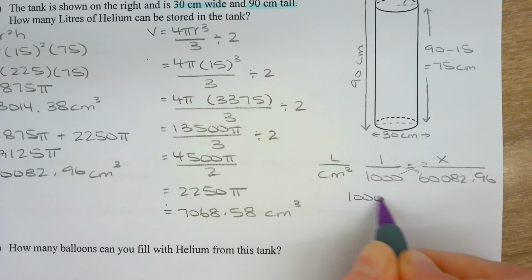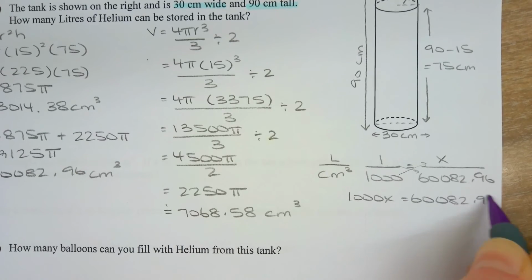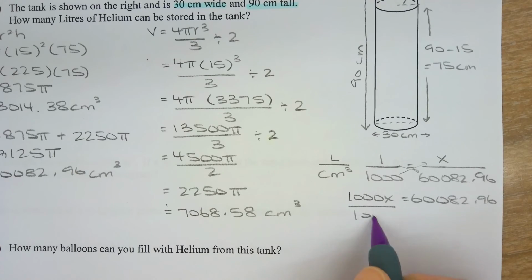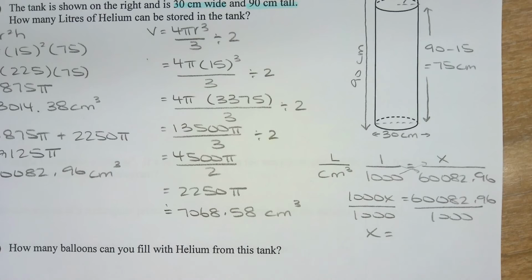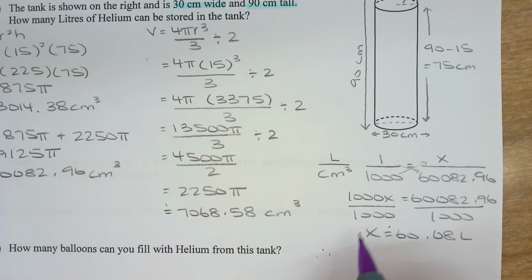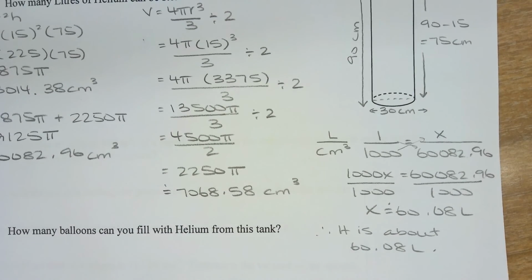So I get 1,000x is equal to 60,082.96. I can divide both sides by 1,000, and that will tell me what x is, the number of liters, which is approximately 60.08 liters. So that's how much the tank will approximately hold.